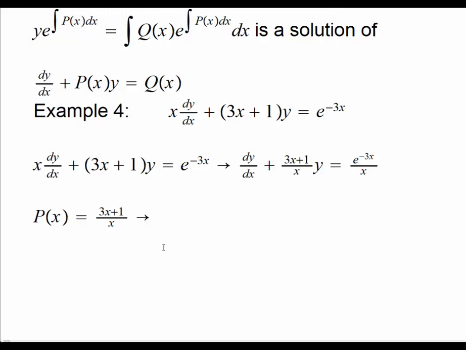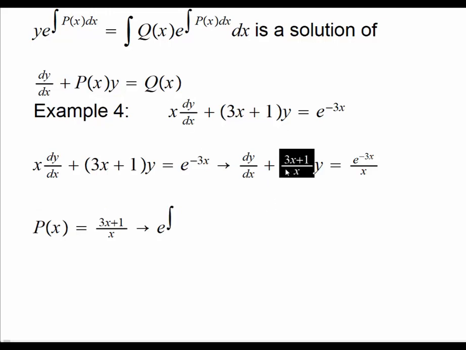So when we compute the integral of p with respect to x, and of course raised to the power on e, what do we get is this, it's e to the power the integral 3 over x, and then plus actually simply 3, not 3 over x, plus 1 over x, dx here.